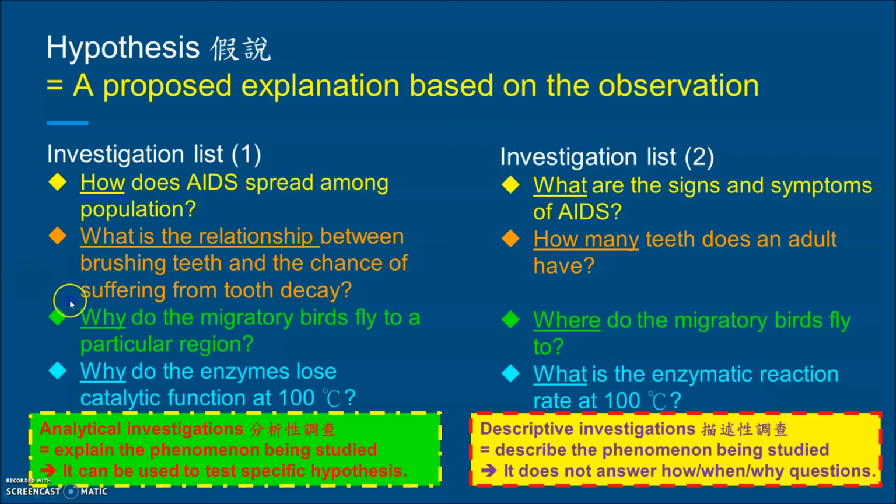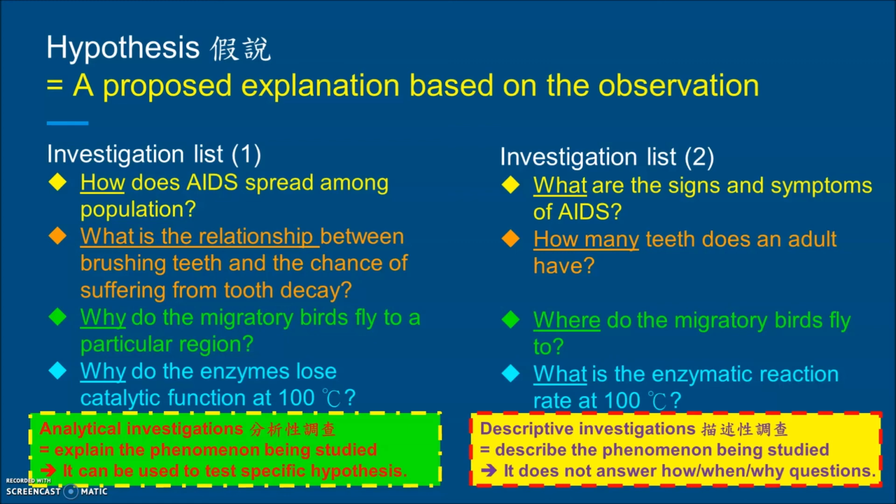And why do the migratory birds fly to a particular region? Why do they fly to Hong Kong? Some people may think it's about the weather, it's winter, so they need to fly to somewhere a bit warmer, right? But some people may have another proposal.